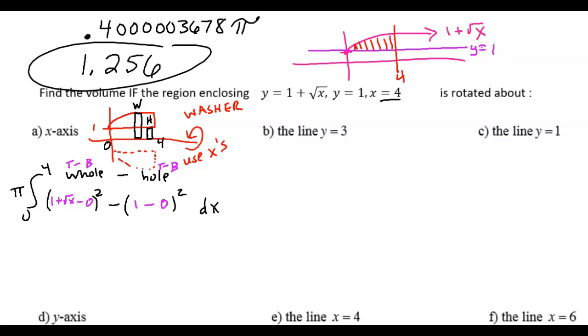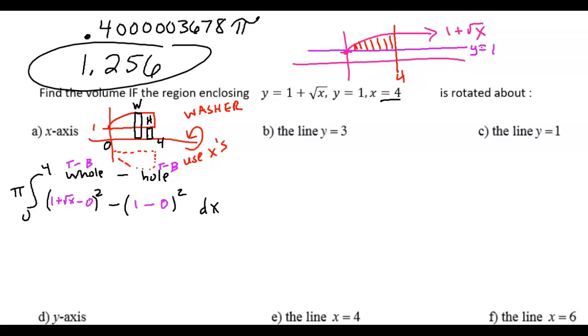So number 9, 0 to 4. So add in an extra parenthesis, 1 plus root x squared minus 1, because 1 squared is 1, dx.